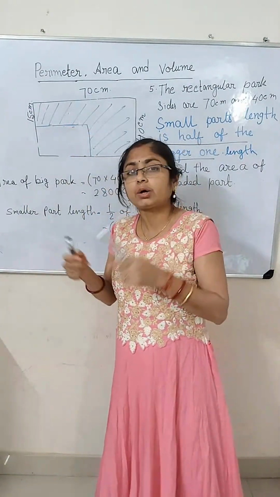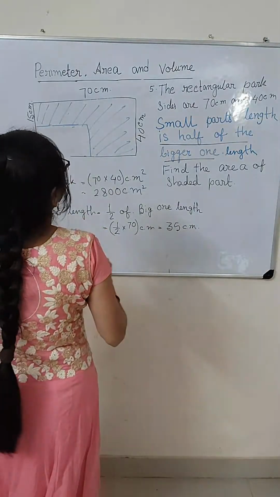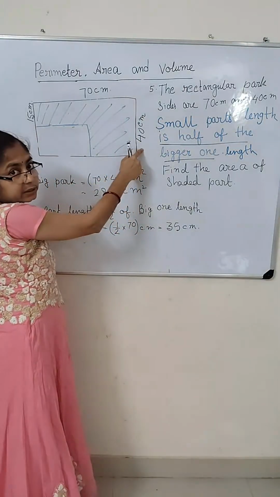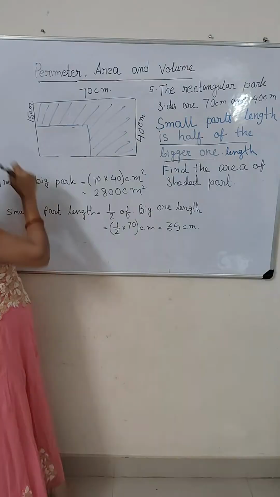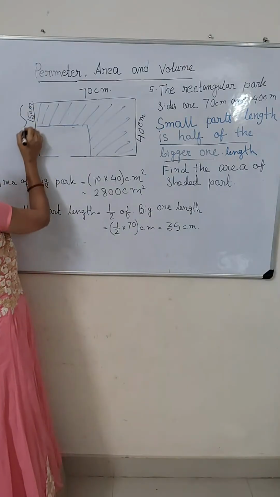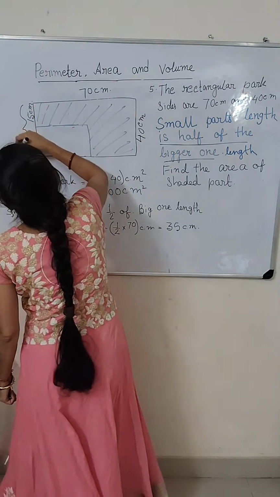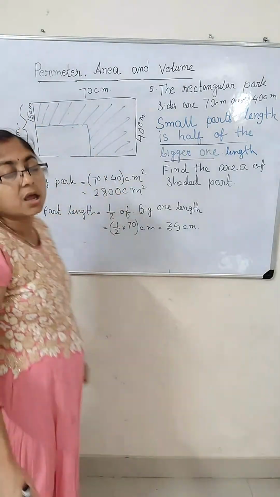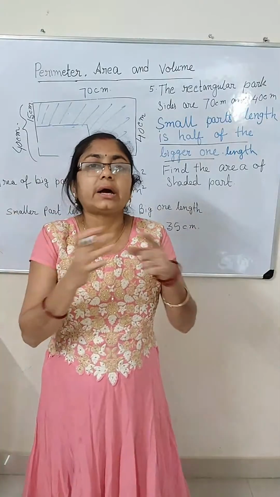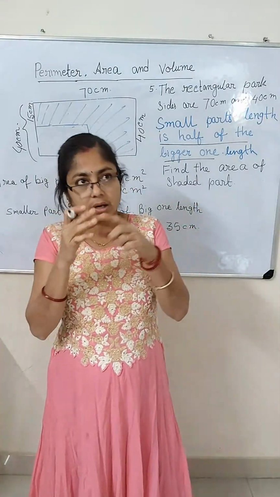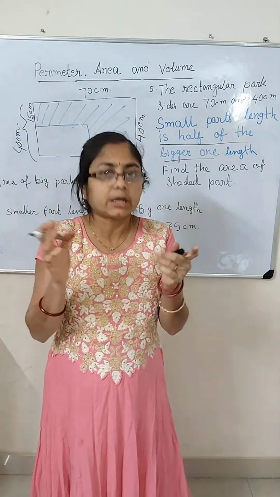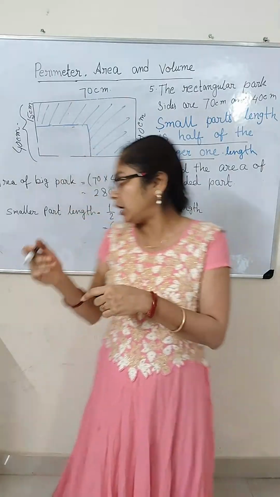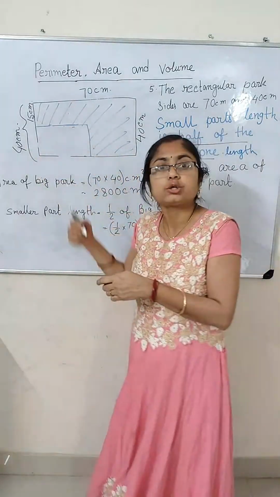But I give a clue. What I am giving? It is 40 centimeter, means this side also 40 centimeter. So I write this one 40 centimeter. Okay, because we know that a rectangle's opposite sides are equal and parallel.